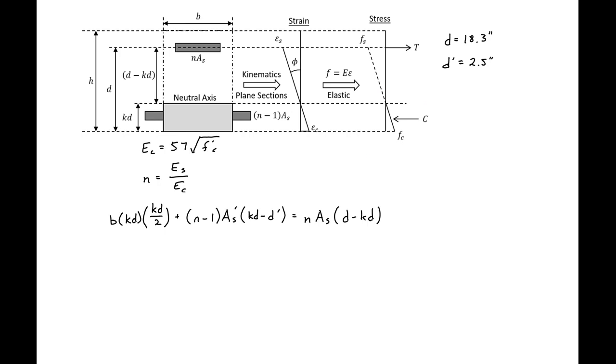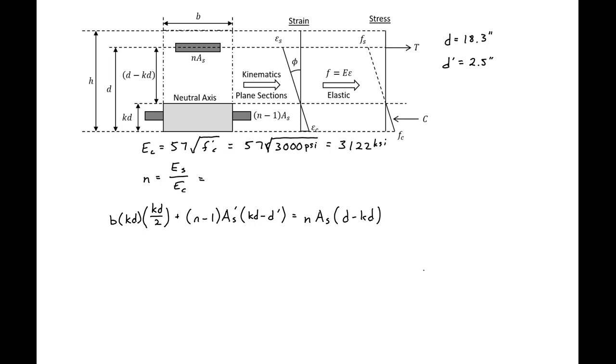So we next need to find our cracked transformed moment of inertia. To do that, we need to first find the depth of our neutral axis, kd. So we'll find our Ec, which is 57,000 square root of f prime c divided by 1,000 pounds per kip, so 57,000 times the square root of 3,000 psi, which will give us 3,122 ksi.